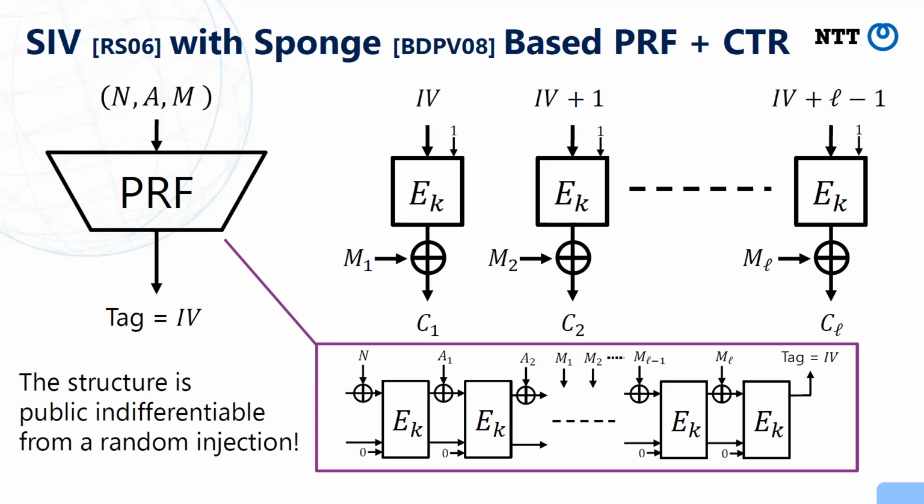And as I mentioned before, public indifferentiability implies security reductions between white box notions. And so this public indifferentiability means that if we have a white box secure block cipher, then the entire resulting AED scheme becomes again white box secure.